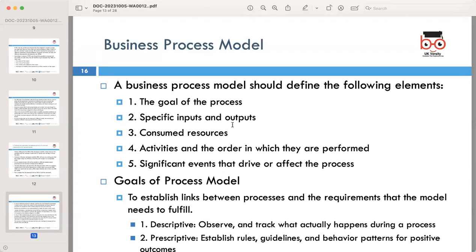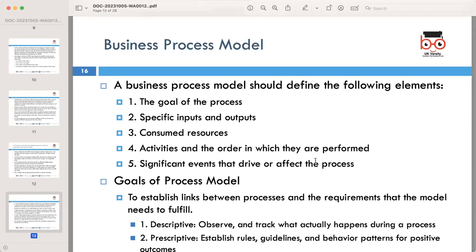The fourth one is activities and the order in which they are performed: detail the activities involved in the process and the order in which they are performed. Significant events means highlight significant events that drive or influence the process, such as triggers or milestones.